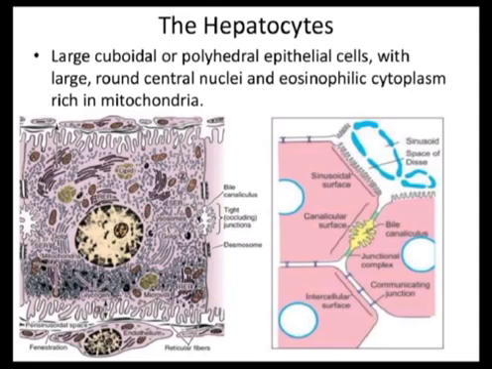This is a hepatic cell or the hepatocyte, and you can see these cells are hexagonal in shape. The liver cells have 6 or more surfaces and a diameter of about 20 to 30 microns. Each cell usually has a single spherical nucleus. Some binucleate cells are also present.